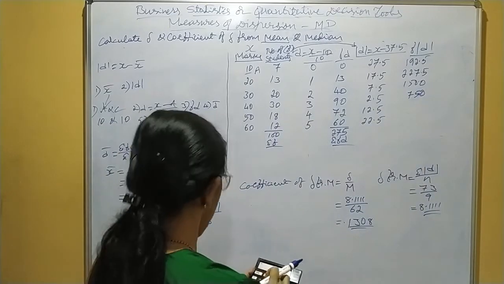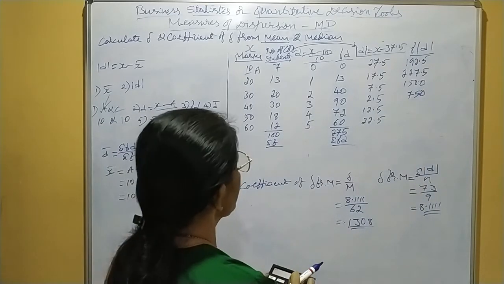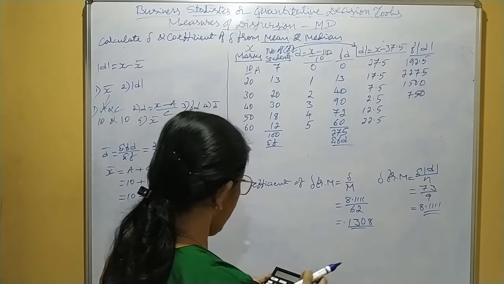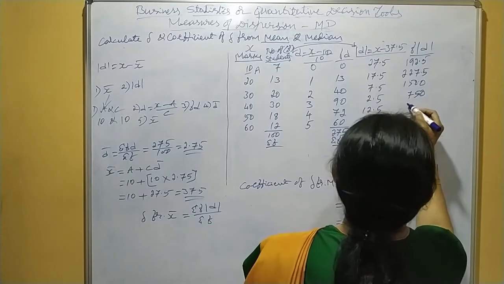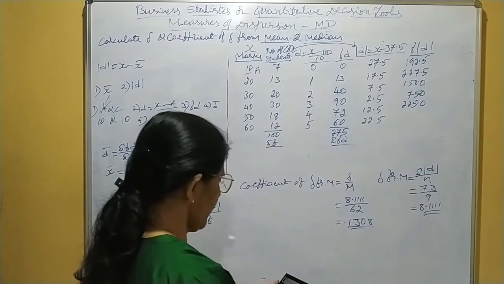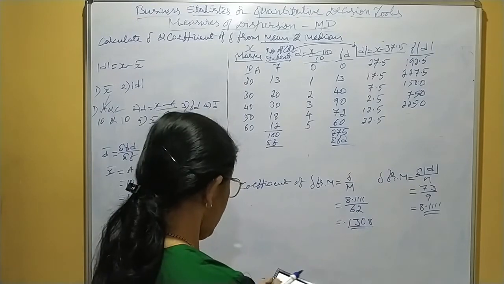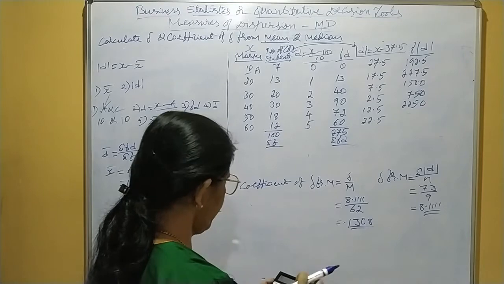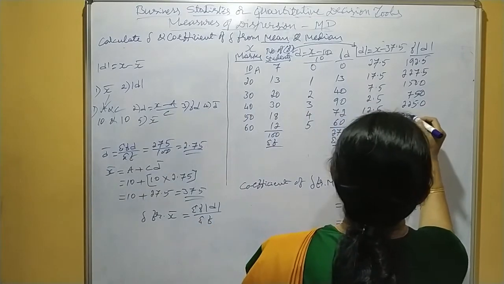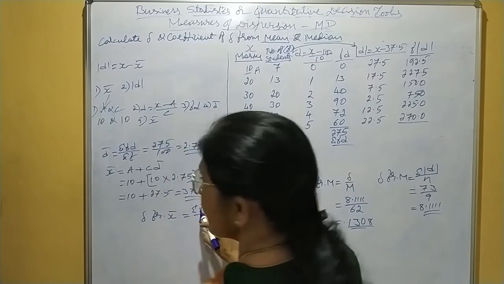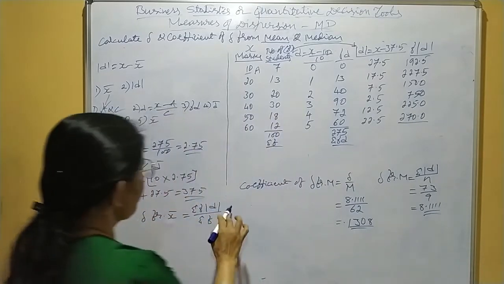Next 18 into 12.5, 225.0. Next 12 into 22.5, 270.